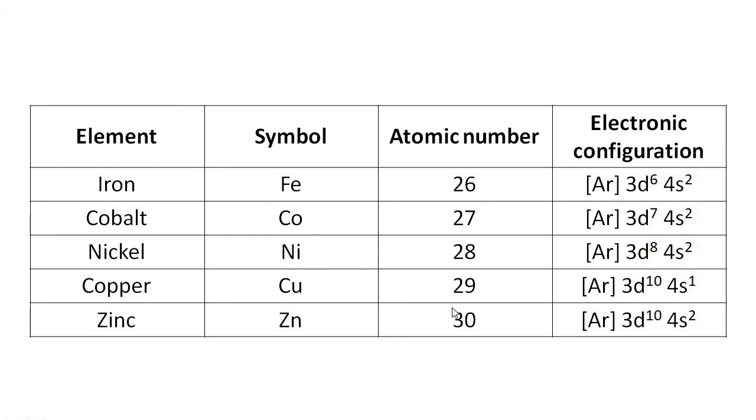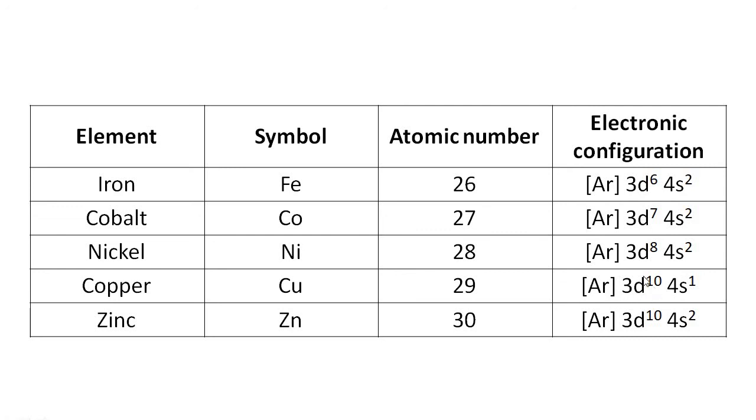In case of copper, it has atomic number 29. See the electronic configuration. It should have argon 3d9 4s2. But what happens is that one of the electrons from the 4s orbital shifts to 3d and it becomes 3d10 4s1. So this is the actual electronic configuration, thereby acquiring extra stability.